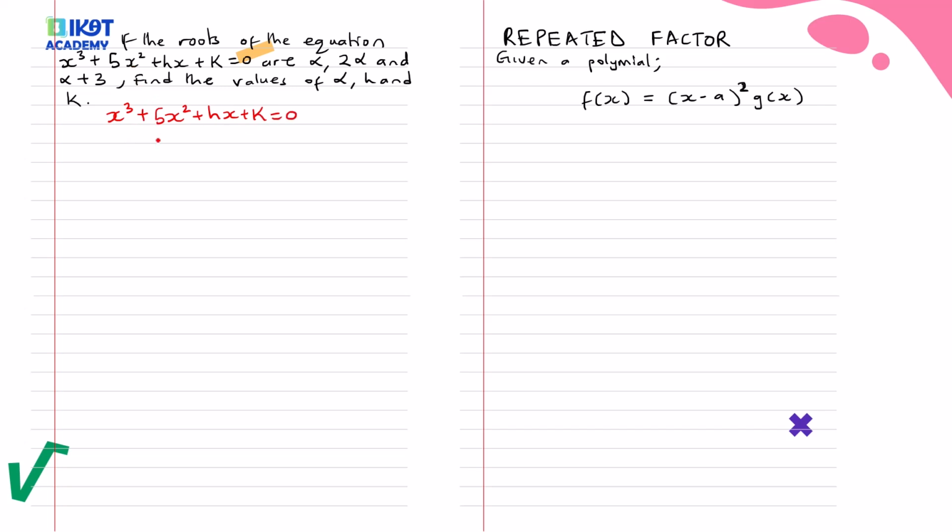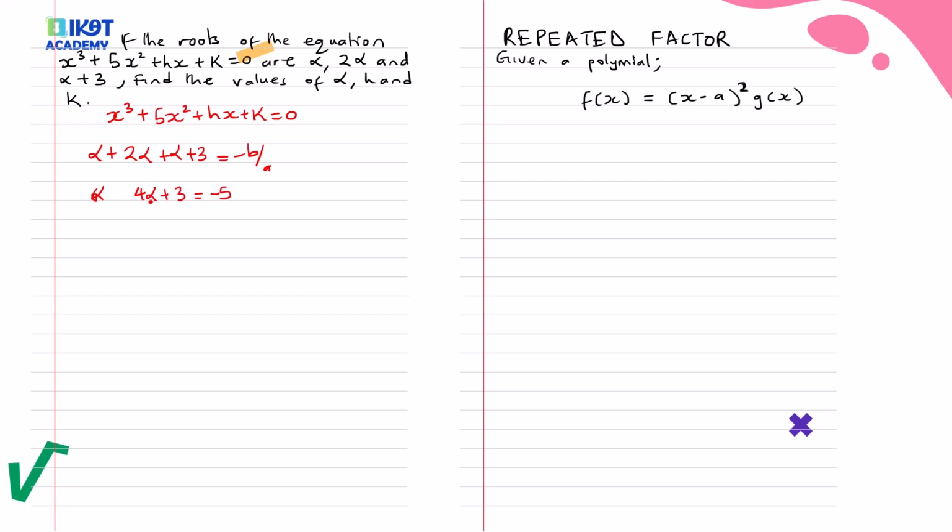So we know that the sum of all these is going to be negative b out of a. And in this case, b is 5. So this is alpha plus 2 alpha plus alpha plus 3 is equal to negative 5.